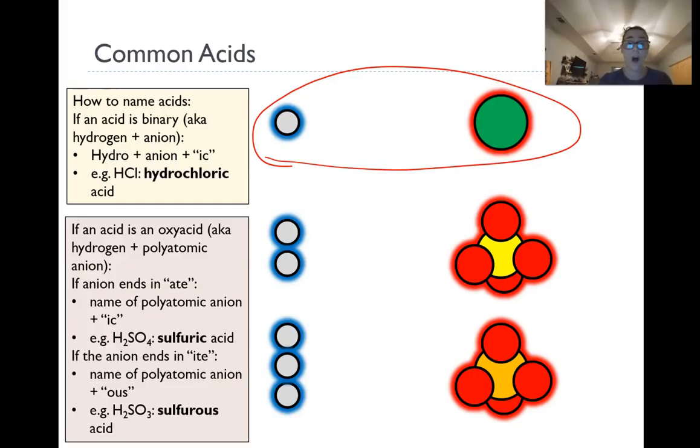So when you're naming it, all you have to do is use the word hydro plus the name of the anion and then add an ic at the end. So HCl would be hydro, and then the anion is chloride, so hydrochloric acid. If you had something like HBr, another binary acid, bromide is the anion, so it would be hydrobromic acid.